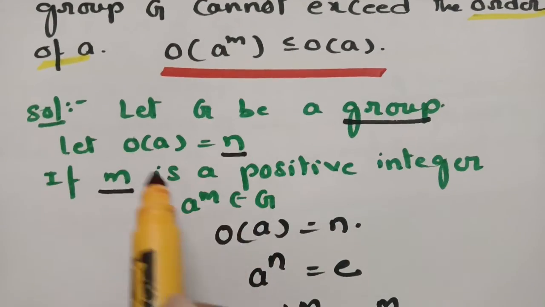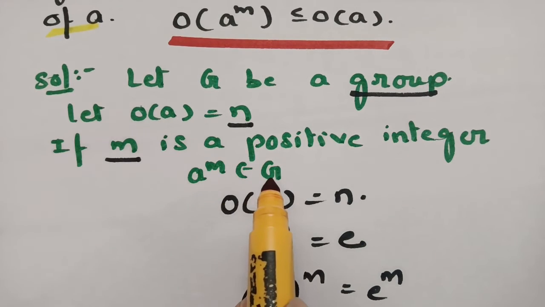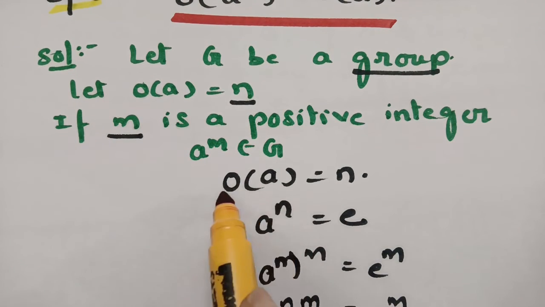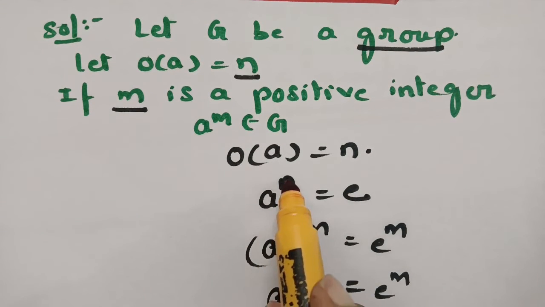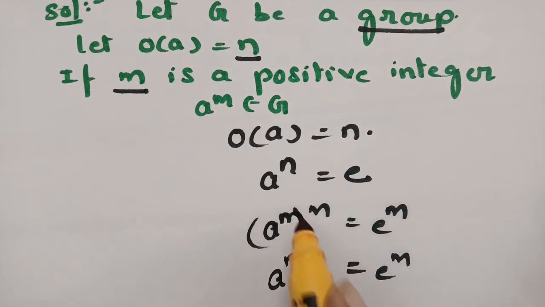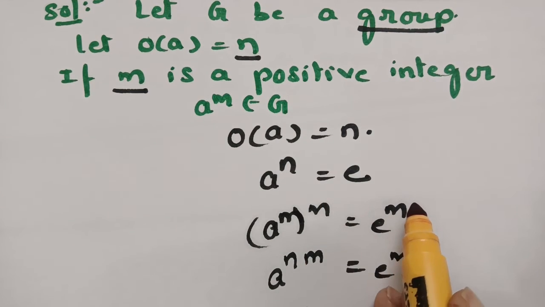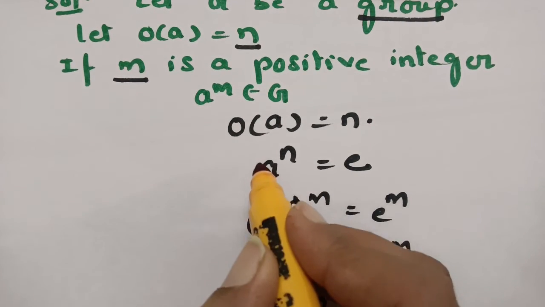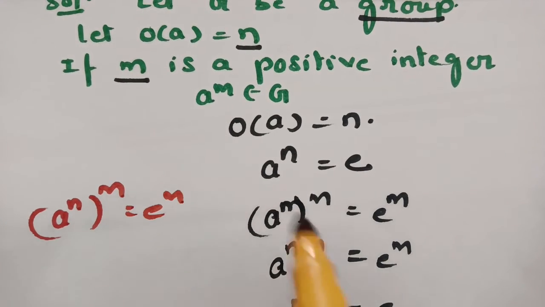Let G be a group, order of A is equal to n. Let m be a positive integer, A power m belongs to G. According to our definition, A power n is equal to E. So this can be raised on both sides to the power m: A power n whole power m is equal to E power m.